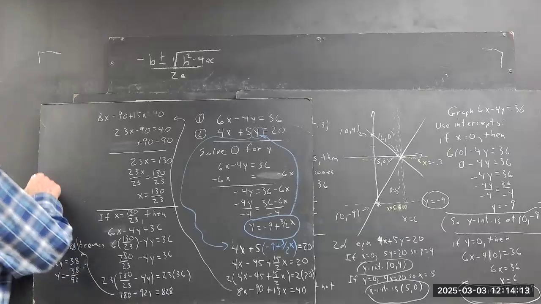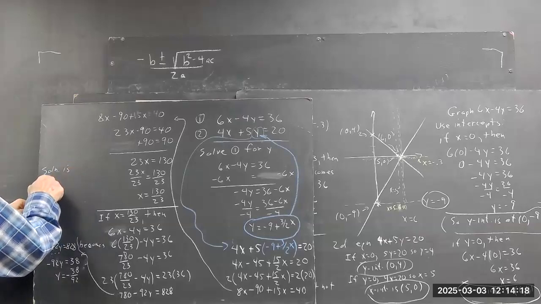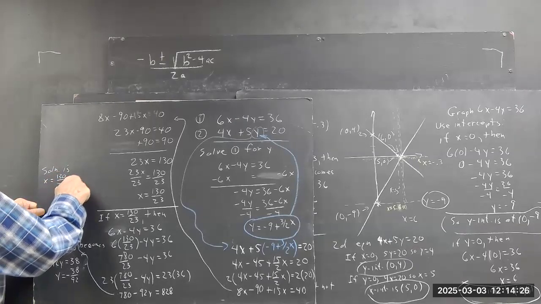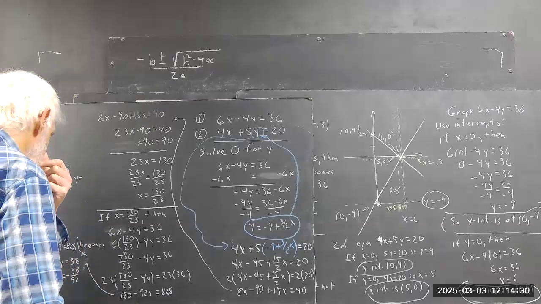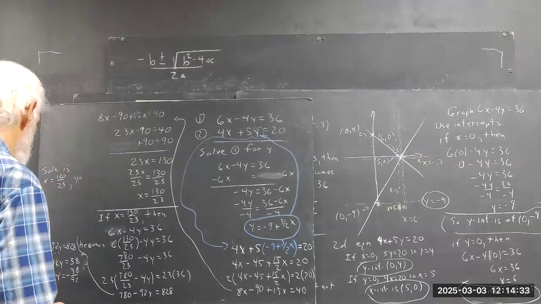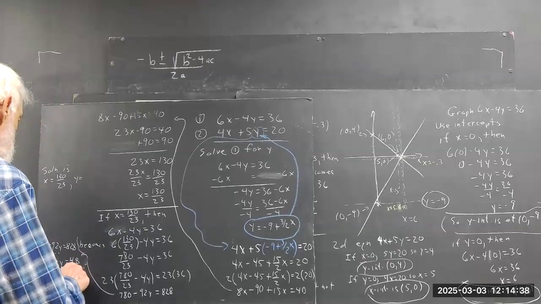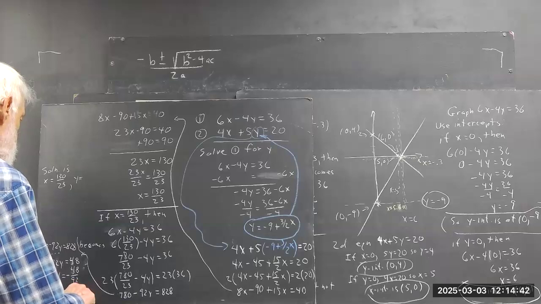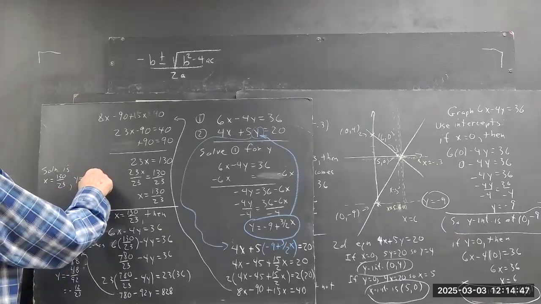In decimal place, okay, so my solution is x equals 130 over 23. y equals, now this can be reduced. That gives me negative 12 over 23.